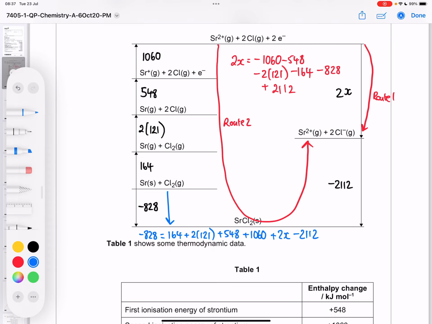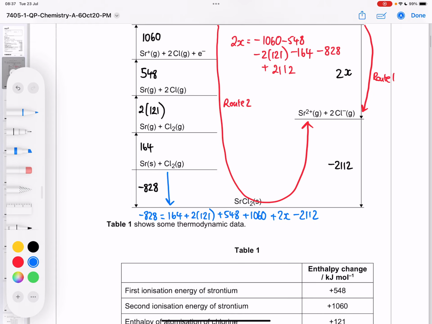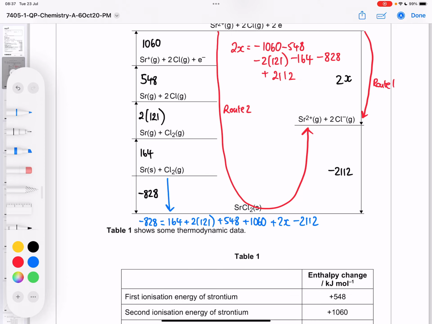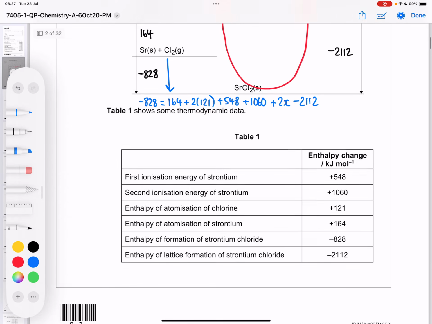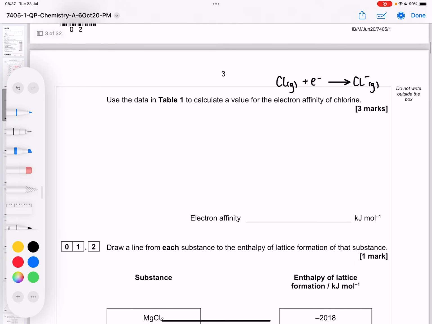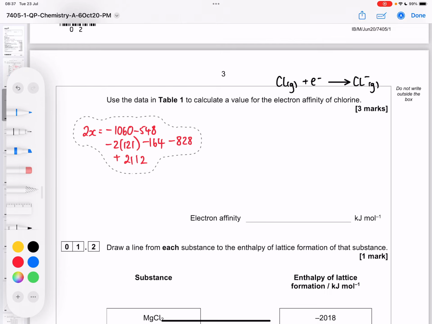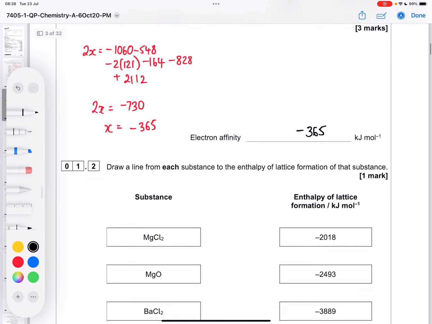If you do that, what you'll find is that if I were to take my calculation that I did, and I was to complete that sum, then I would get 2x equals minus 730, and so x equals minus 365. So that's my answer, minus 365.